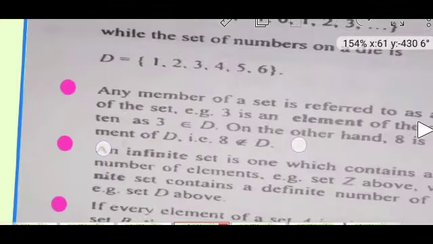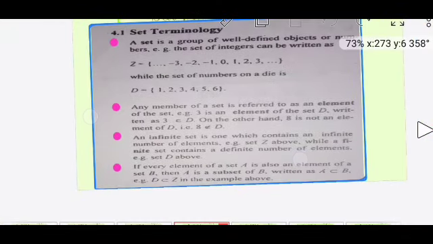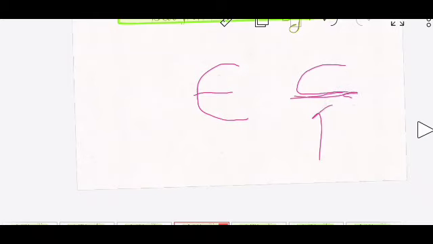Let me show that here. So this is the sign. Whenever you see this sign, always know that this is member of a set, and whenever you see this one, always know that it's subset. They are different, but sometimes they look alike.